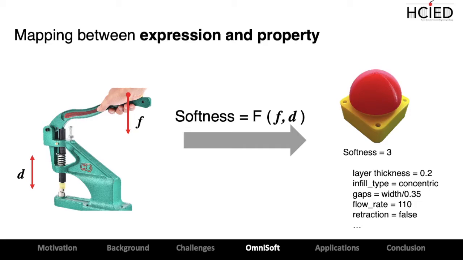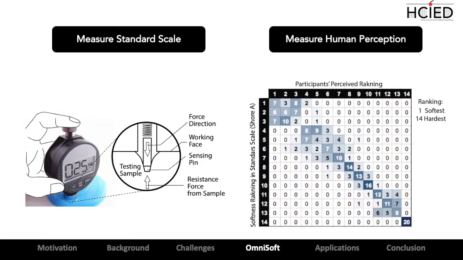That is actually the number, but we can guess from the database specified by a number by the user, but we can guess from the database once the user chooses the real world objects as reference. This is the actual device we use to measure the softness, which is called a softness scale device.